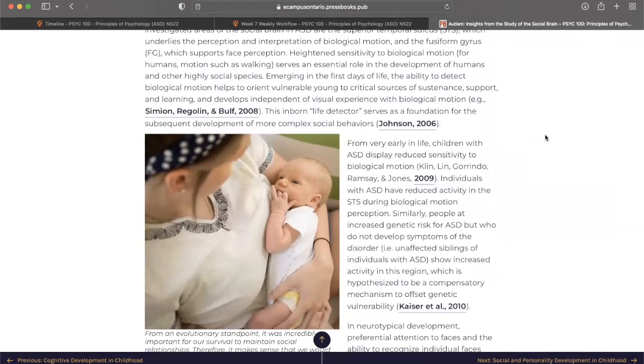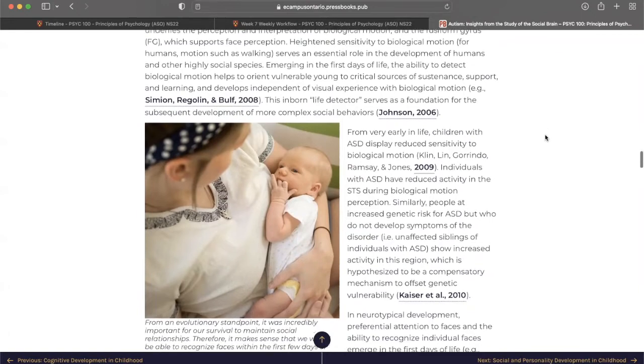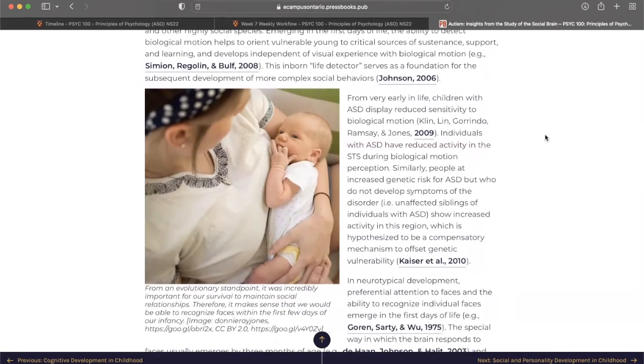Emerging in the first days of life, the ability to detect biological motion helps to orient vulnerable young to critical sources of sustenance, support, and learning, and develops independent of individual experience with biological motion. This inborn life detector serves as a foundation for the subsequent development of more complex social behaviors.